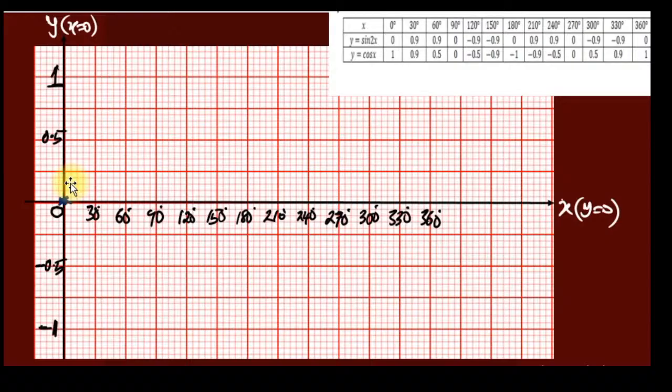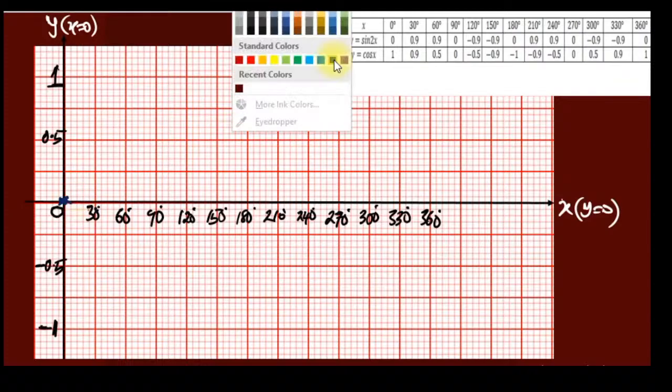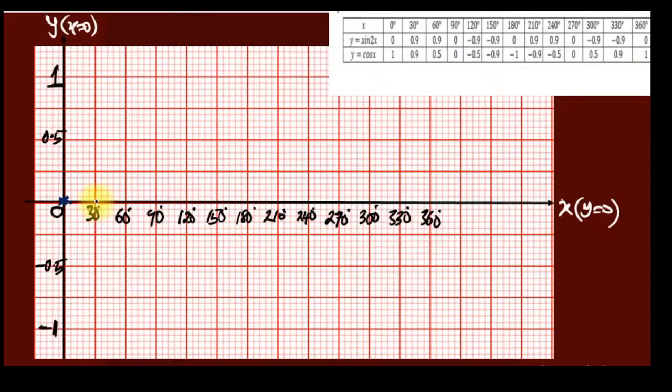So 0.9 divided by 0.05 gives 18. So I'll move up 18. When x is 30, I'll move 18 grid lines up. So 5, 10, 15, 16, 17, 18. So that's my 0.9.